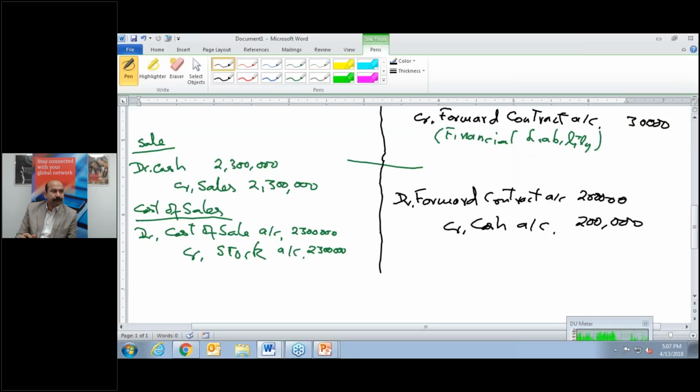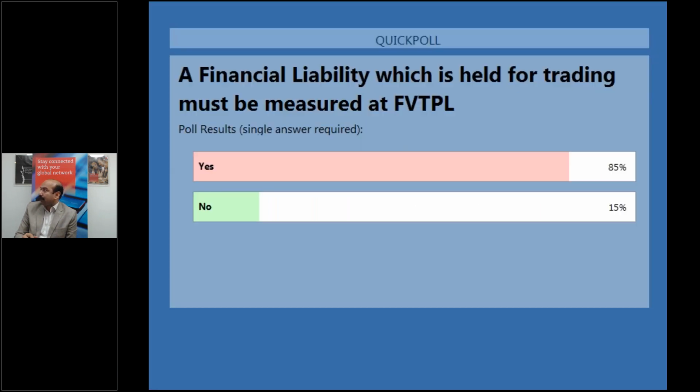We have 85% people saying yes, while 15% people are saying no. This is good. 85% people are correct. I appreciate that at least our percentage is higher than the last pop-up.